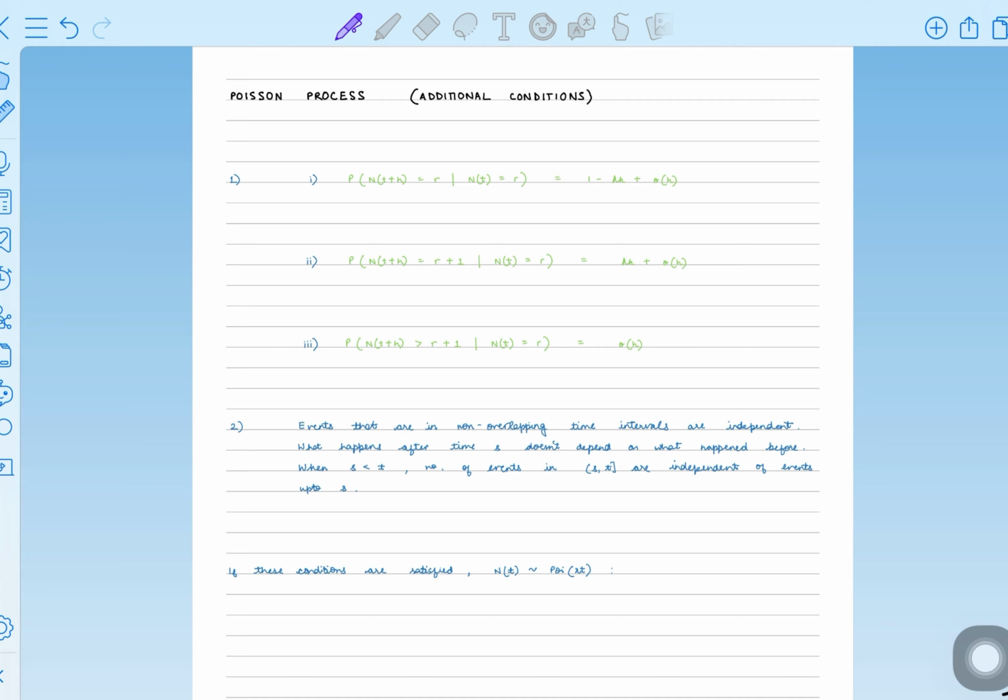Now that we've discussed all important conditions of a counting process, let's further discuss the additional conditions which make it a Poisson process. Before we understand these, it's important to get acquainted with a few new variables. Here we have h, lambda, lambda times h, and O of h. Let's understand what these mean.